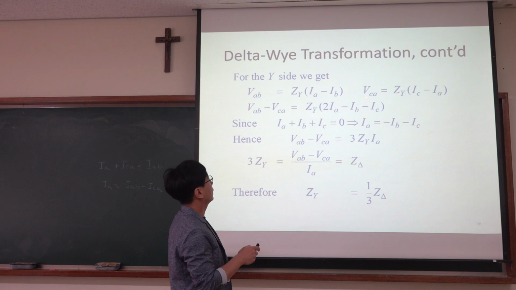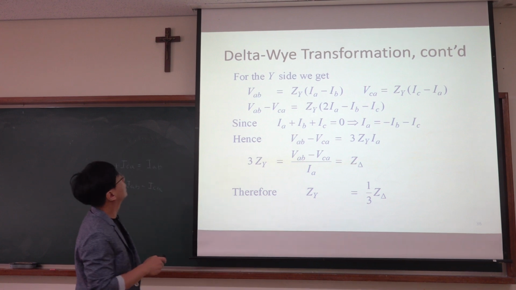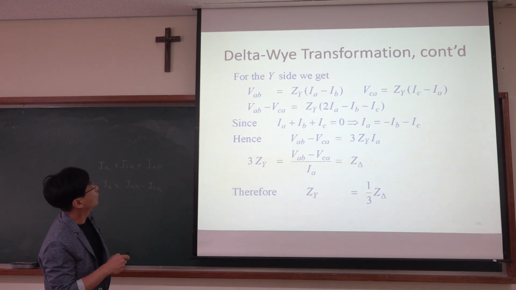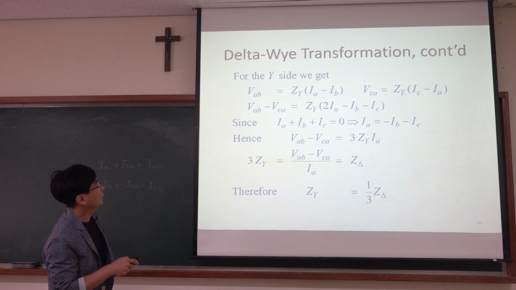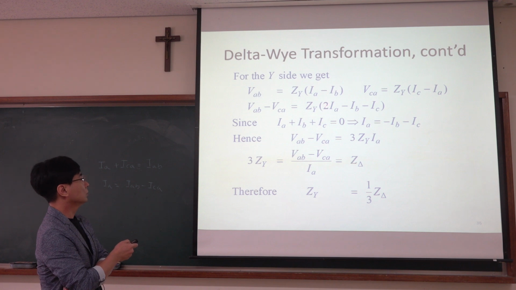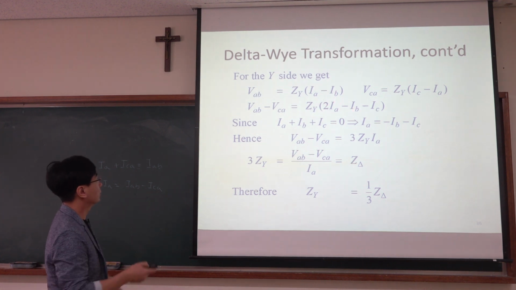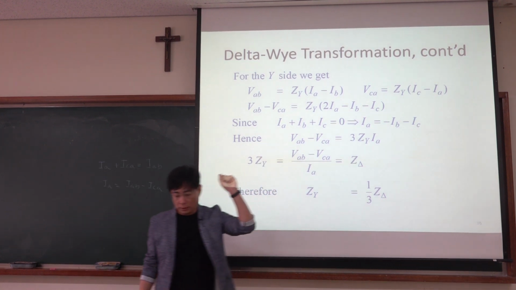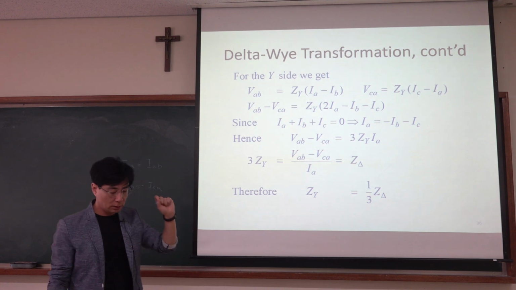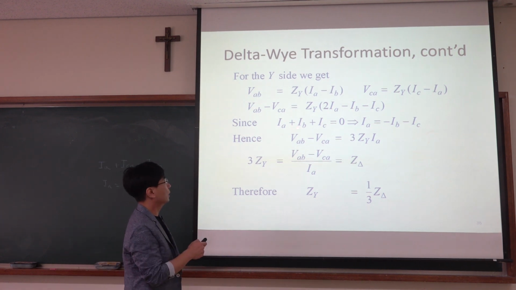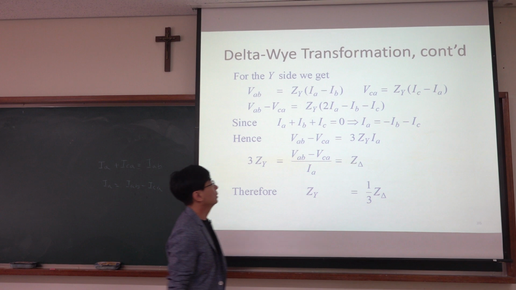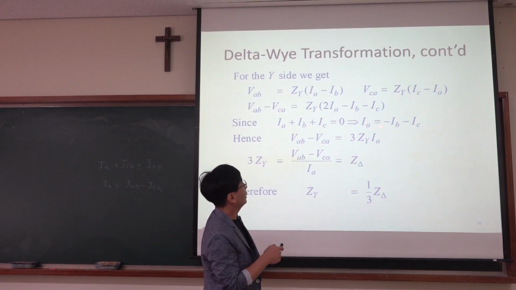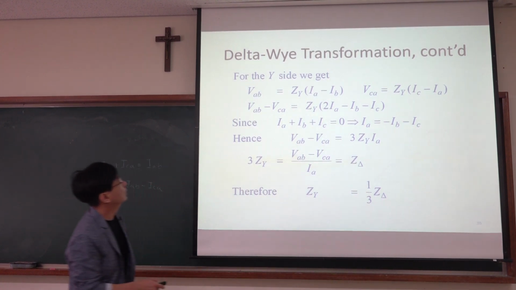And similarly, we can compute VCA, so VAB minus VCA is this minus that. So 2IA minus IB minus IC. And because this is balanced three-phase, the sum of phase currents should be 0. So IA plus IB plus IC equals 0. And so IA is minus IB minus IC.